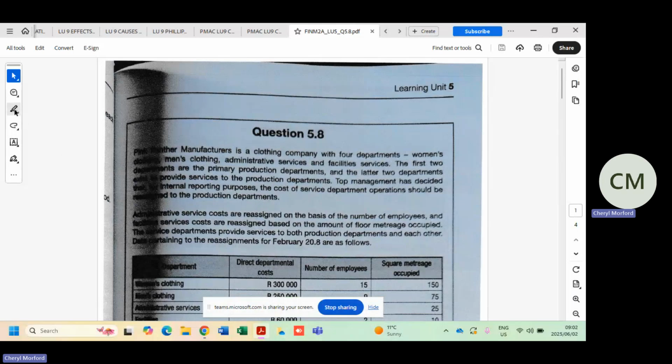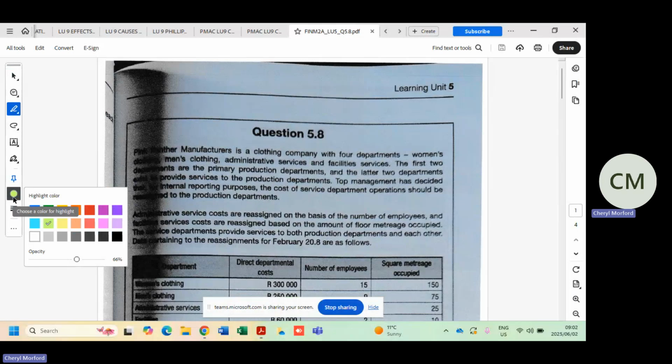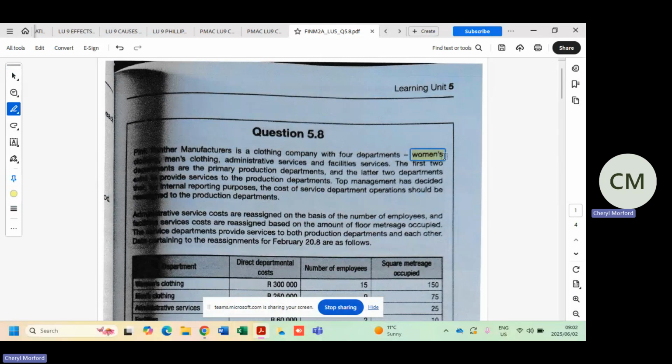So let me try and highlight for you here. It was difficult to photocopy from the book because the spine got in the way and made it all shadowed like that. But we've got four departments. We've got women's, which is a production department, and we've got men's clothing.